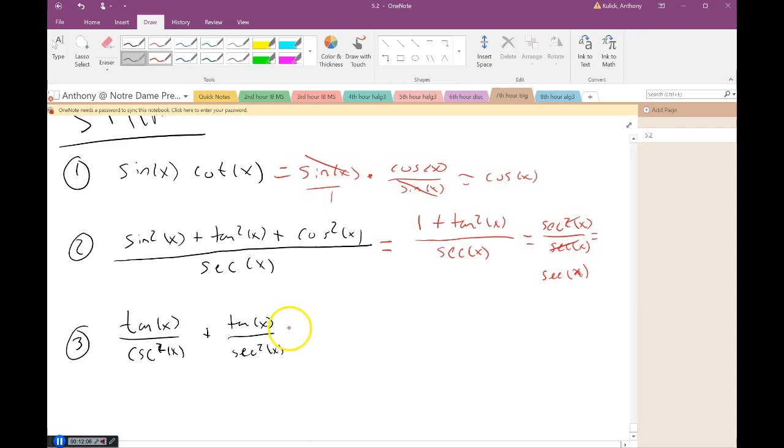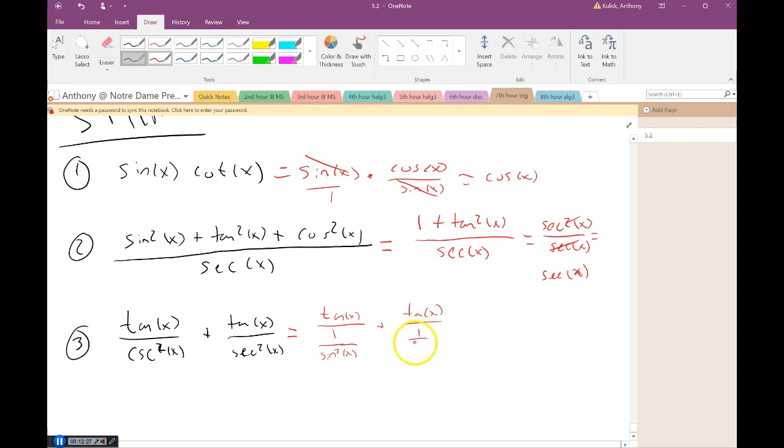Okay. So what I did first is I noticed that since each of these numerators was going to be the same, I was just going to leave them be at first, but I rewrote the denominators just in terms of sines and cosines.